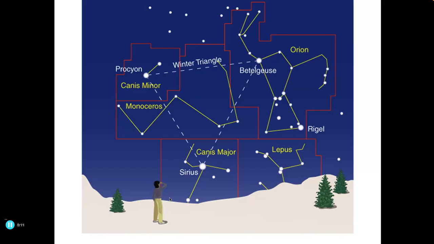Asterisms are not formal. People have made up all kinds of asterisms, and nobody's going to tell you they're wrong, right? Who says you have to call these stars Orion's belt? Nobody. Who says you have to call these 3 stars the winter triangle? Nobody. You can make up your own. People have made up different asterisms all over the world throughout history based on their language, their culture, their history.